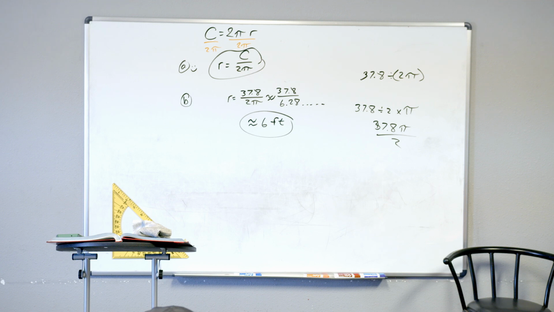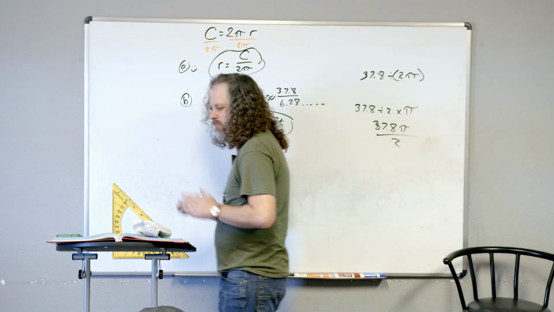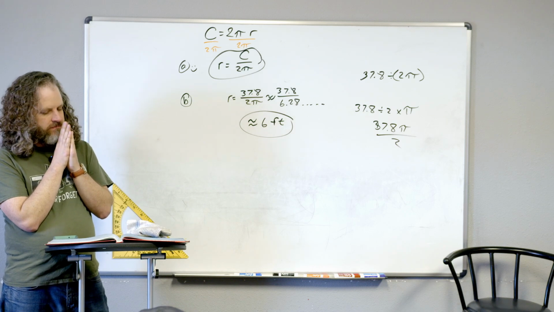It was my favorite one. You probably pushed times the first time, because I bet if you push 2 times pi, then it's going to give you a wrong number. Okay, wait. 37.8 times 2 pi? No.